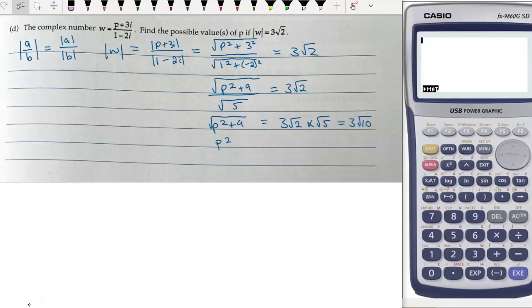Then if we square both sides, we've got p squared plus 9 is equal to the square of this, so don't forget to square the 3 to make it a 9 as well. So we will have 9 times 10, which is 90. So p squared is equal to 90, take off that 9 will be 81. So p is equal to plus or minus 9.